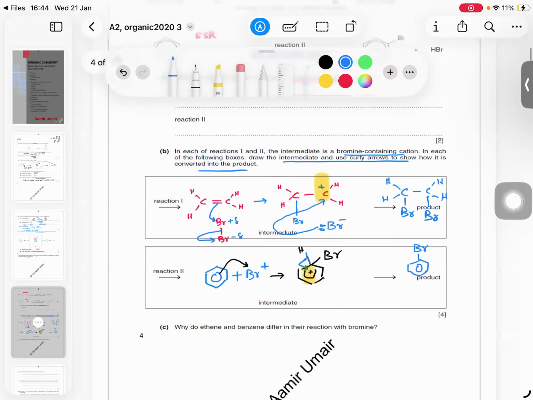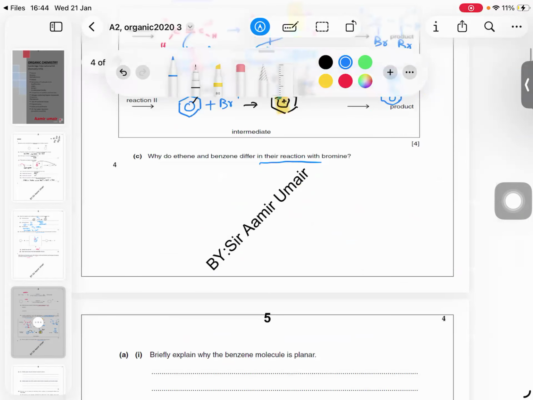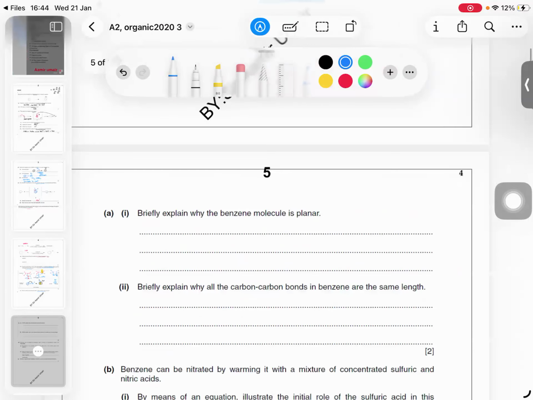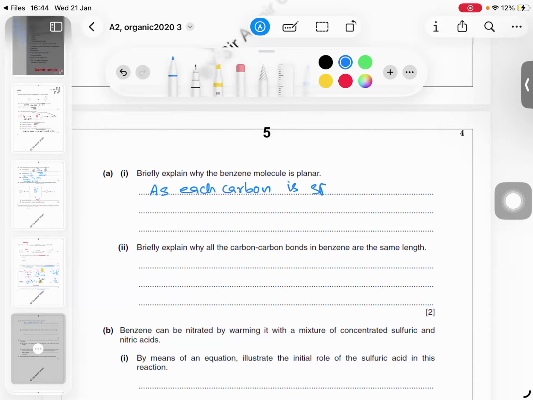Next. When ethene and benzene differ in their reactions with bromine, explain briefly why the benzene molecule is planar. You have to explain why the benzene molecule is planar. Anyone? Can you tell me why the benzene molecule is planar? First thing, each carbon in benzene is sp2 hybrid.